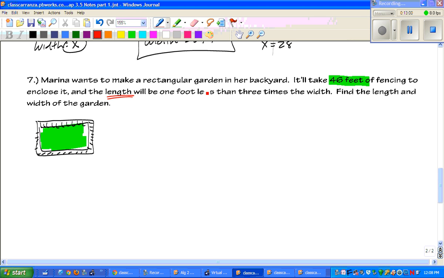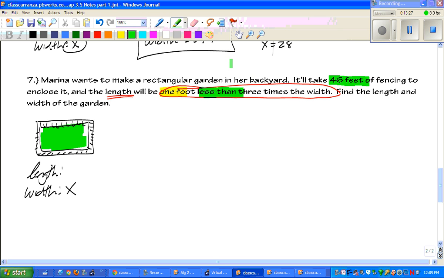The length will be 1 foot less than 3 times the width. Okay, so we need to know the length and the width. They don't tell us the width, so that means it's going to be x. Okay, now let's take a look at this. 1 foot less than 3 times the width. Okay, so 3 times the width, and it's less than that by 1.